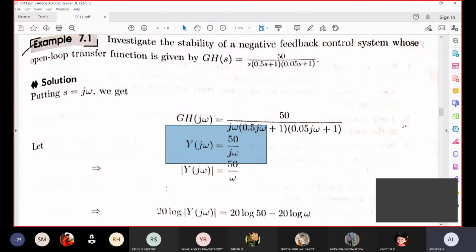What I suggest is you go for the simplest possible method. In that method, you take it like y of j omega, so we get 50 divided by j omega. So here the magnitude of y of j omega will be equal to 50 by omega.